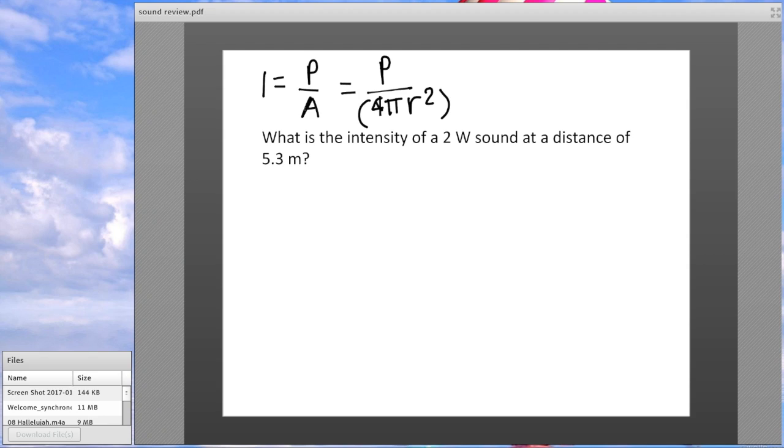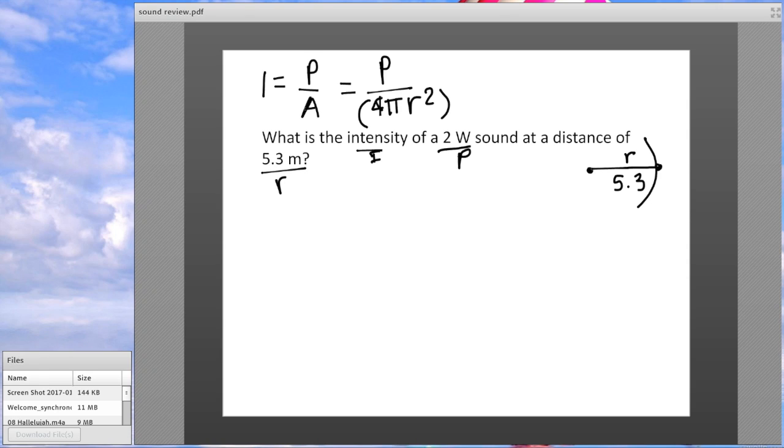And so they're giving me power of 2 watts, and we want to know the intensity. So our power is 2 watts, and our distance is 5.3 meters. So that's our r. So that means we're going to use this formula, not the one with area. So this is our r, right? So that's going to be our distance, 5.3, if this was our circle.